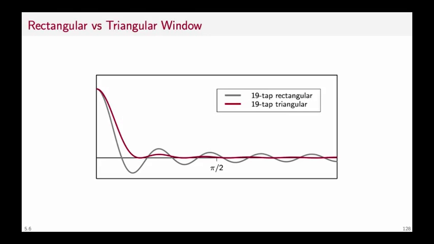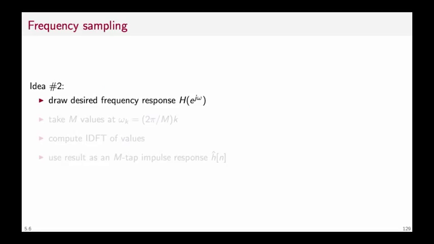So here you have the comparison between a 19-tap rectangular window in gray and a 19-tap triangular window in red, and you see that the side lobes are much smaller for the triangular window, but the width of the main lobe has increased.